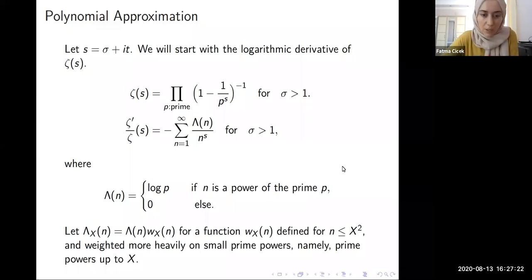So we have more weight on small prime powers. Our weight function will be separated from 2 to x, and then another weight from x to x to the 2. This is just a technical detail.